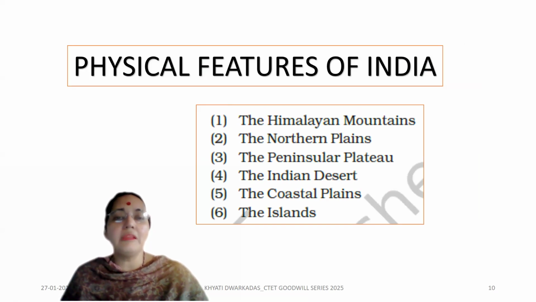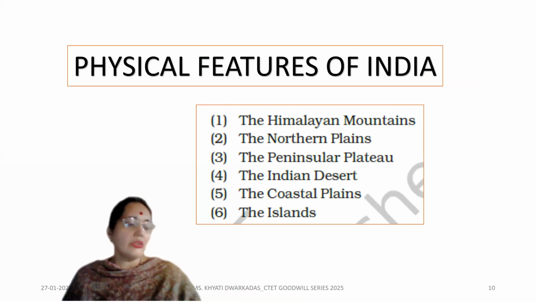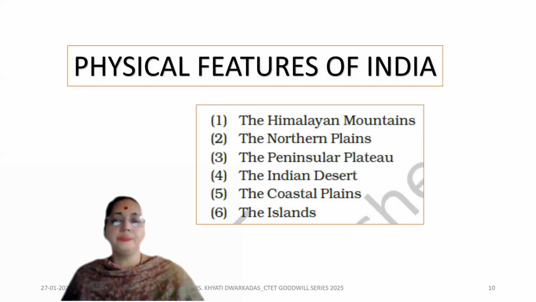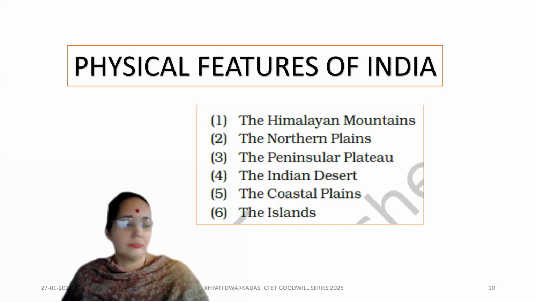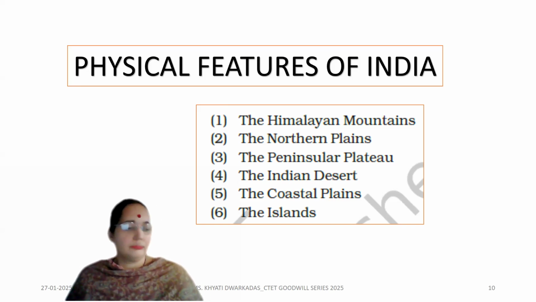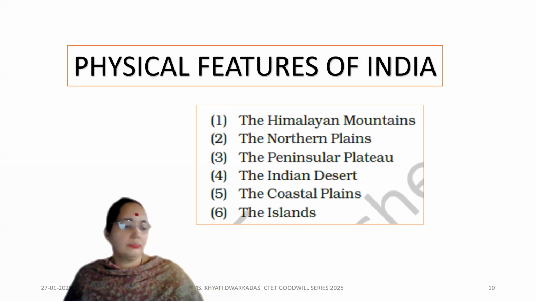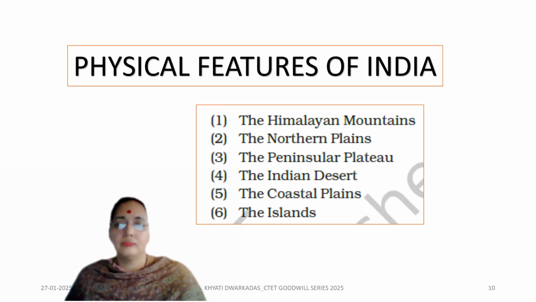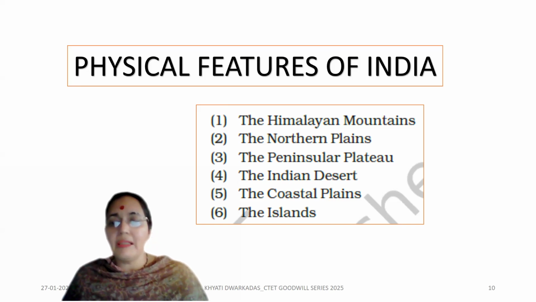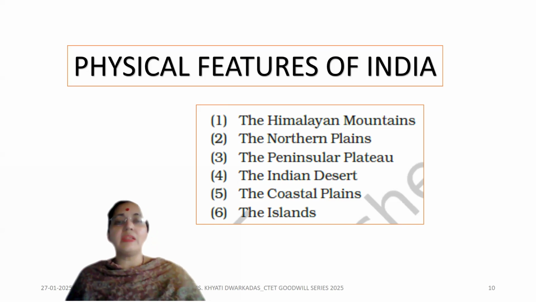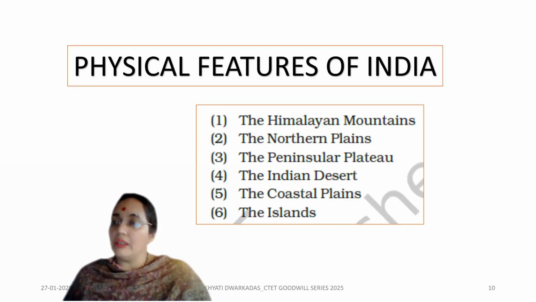So I'll give you about a minute to note them down, and then we shall rejoin on the same link. Himalayan mountains, northern plains, peninsular plateaus, Indian desert, coastal plains, and islands. These are the 6 physical features of India that we need to cover for our curriculum.